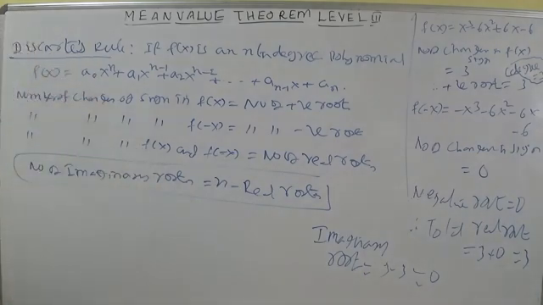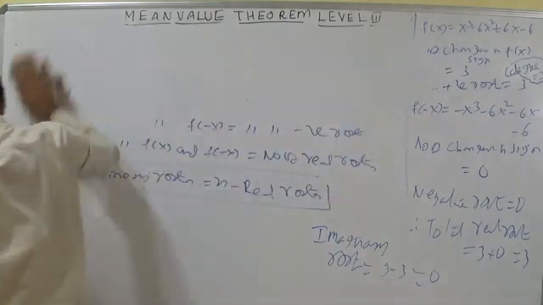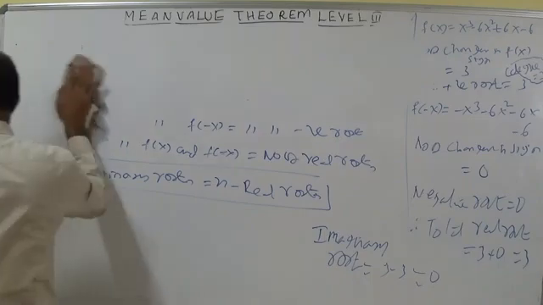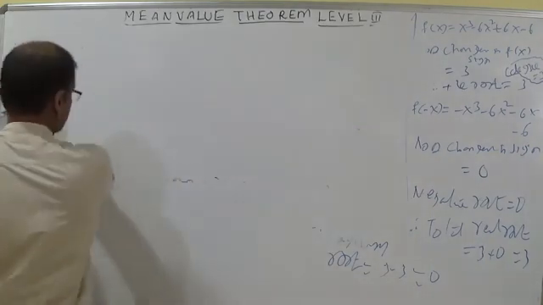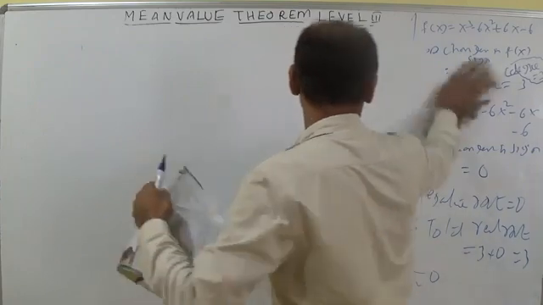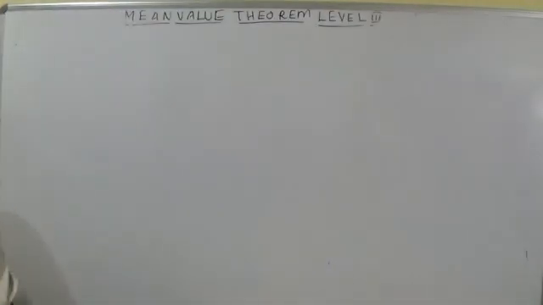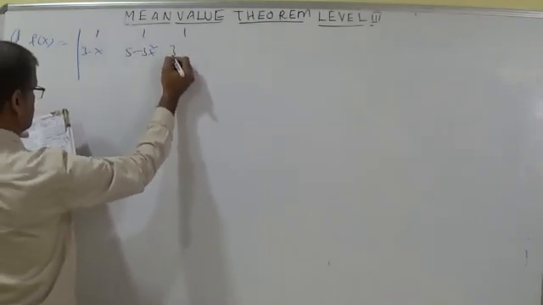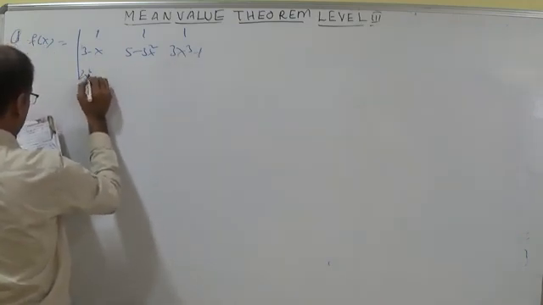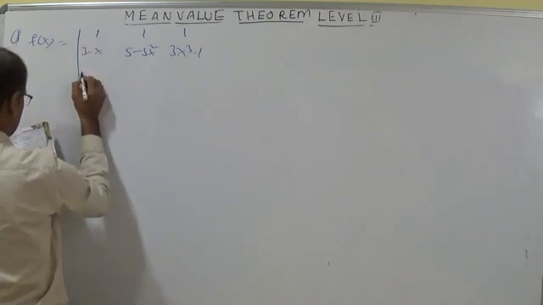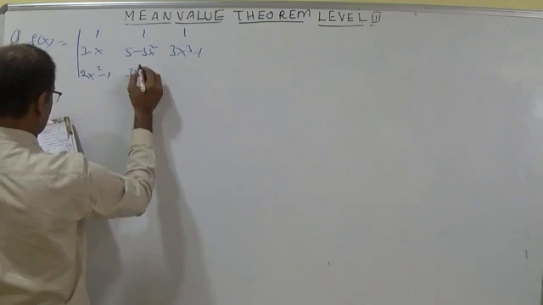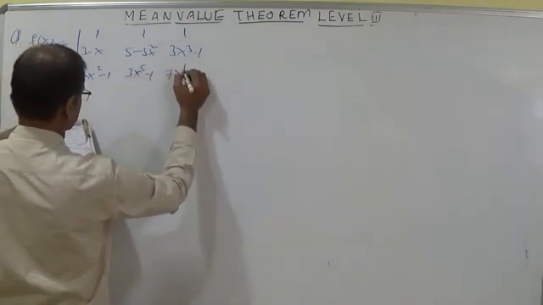Let us discuss the next sum. Now the question number 8: f of x is equal to the determinant, which is given as: row 1, 1, 1, 1; row 2, 3 minus x, 5 minus 3x square, 3x cube minus 1; row 3, 2x square minus 1, 3x power 5 minus 1, 7x power 8 minus 1.